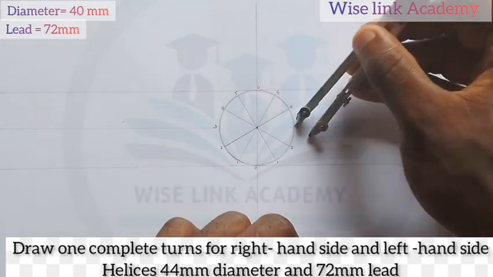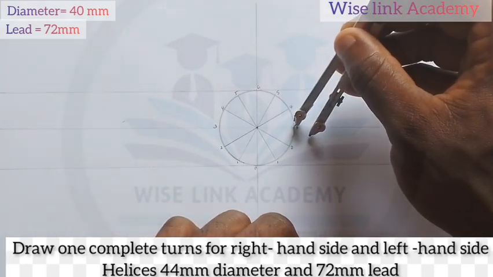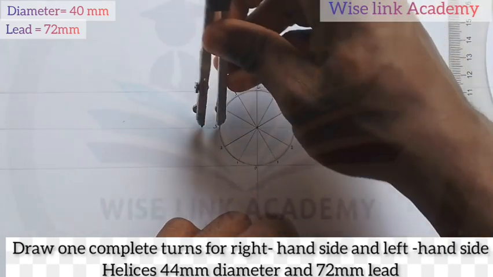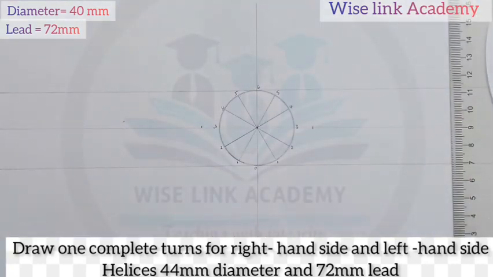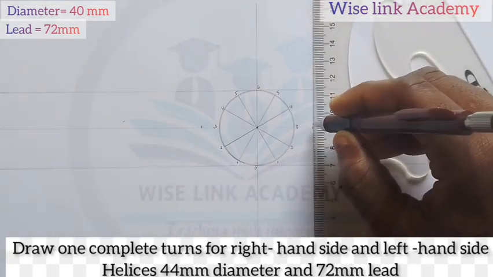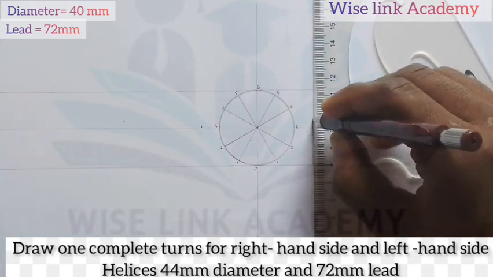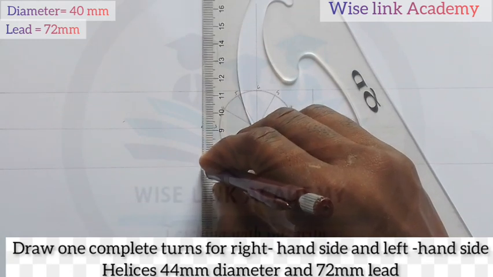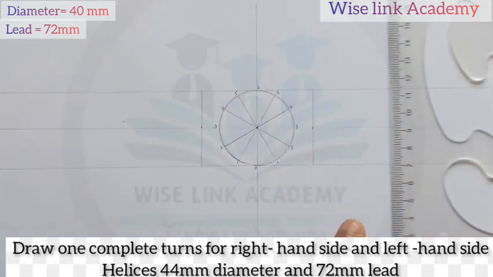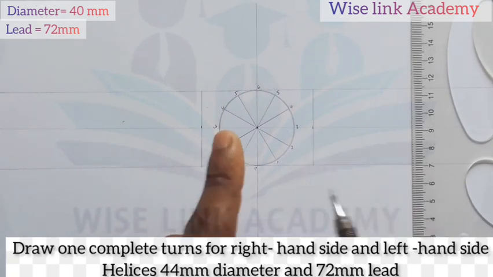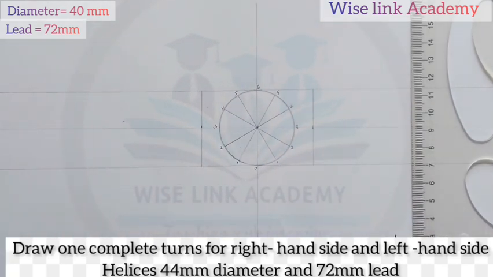At this point 3, put it there and strike an arc here. At this point 3, strike an arc here. The distance between them must be equal. Take my pencil, draw a vertical line this way. Next, draw a vertical line this way. It simply means I gave a gap.